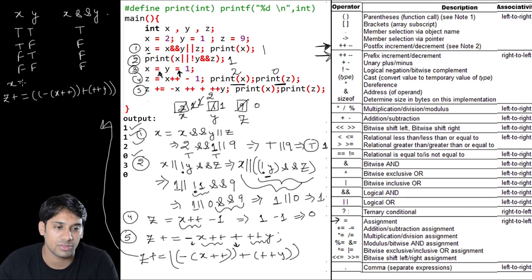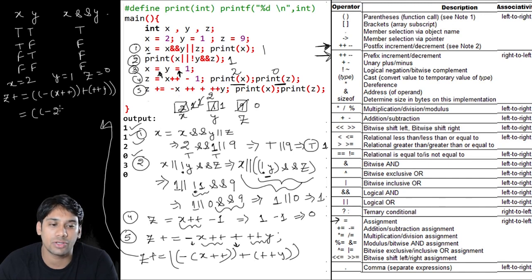So the value of x is 2, the value of y is 1, and the value of z is 0. Here the value of x is used and then incremented, right? So first we are going to use the value of x, then increment it. If we use it, the equation becomes minus 2, and x is incremented to 3.